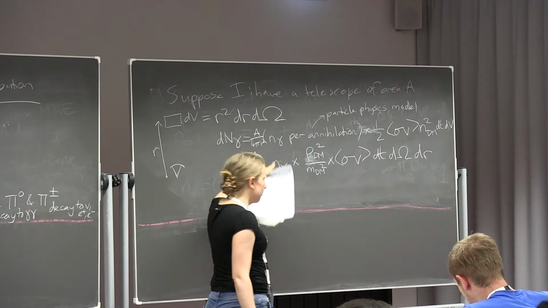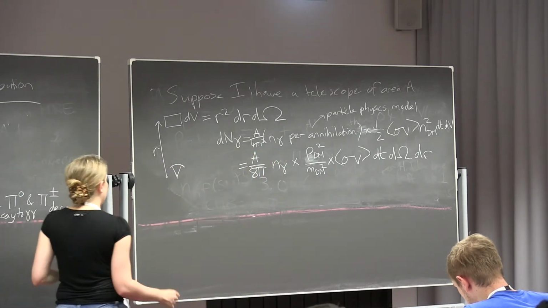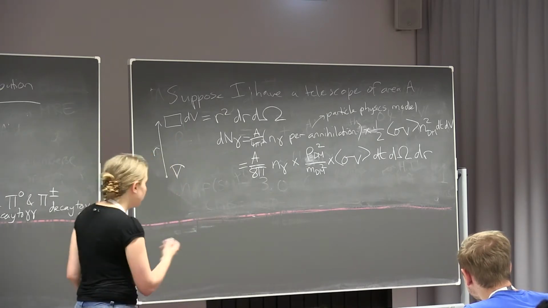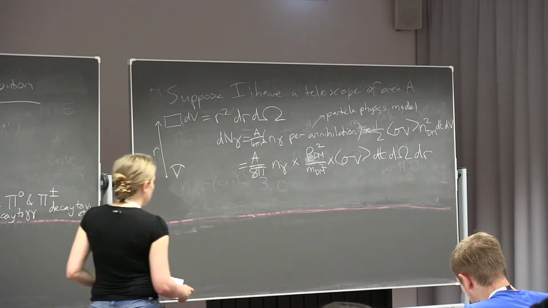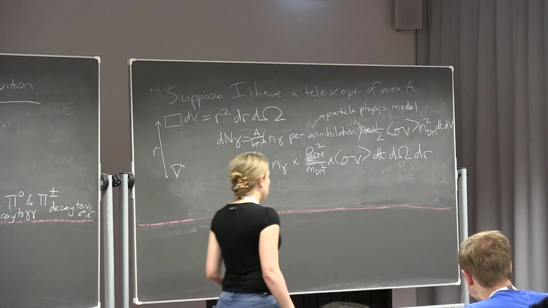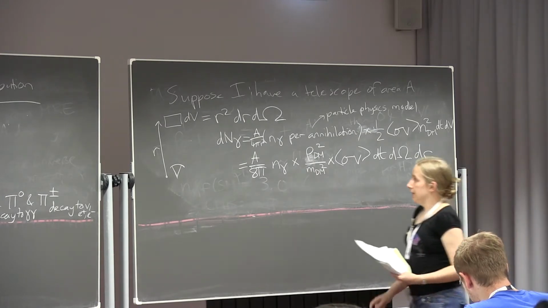The object is further away, but as I go further away, the box subtended by a given solid angle becomes larger. So these two factors cancel each other out. This is my total observed number of photons over a solid angle d omega in observation time dt.